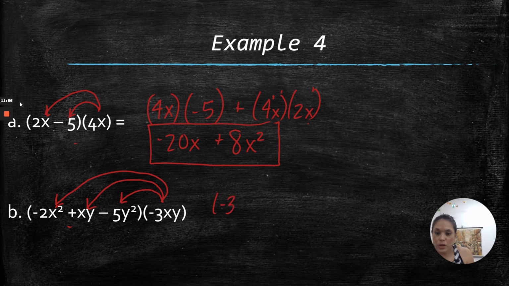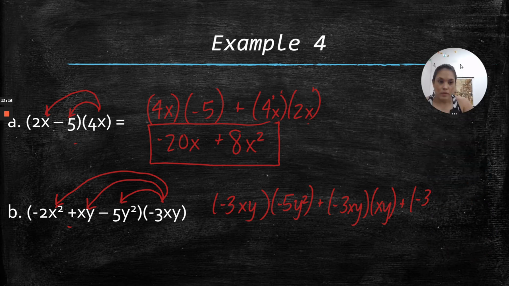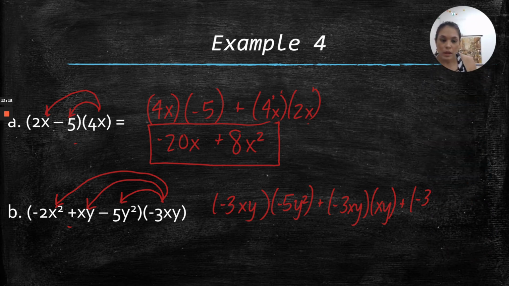Negative 3xy times negative 5y squared plus negative 3xy times xy plus negative 3xy times negative 2x squared.